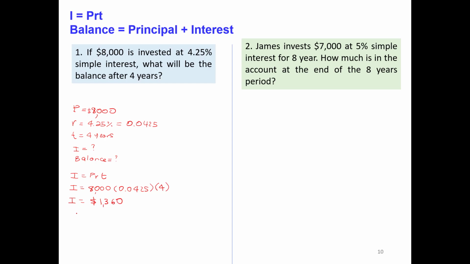Now we can calculate the balance, which is the principal plus the interest. The principal we know is 8,000, plus 1,360, and the balance will be $9,360.